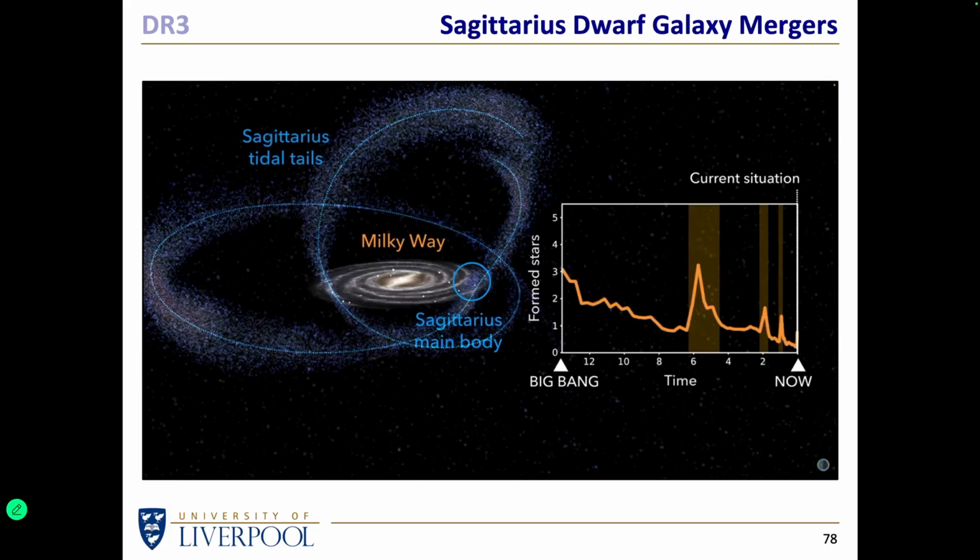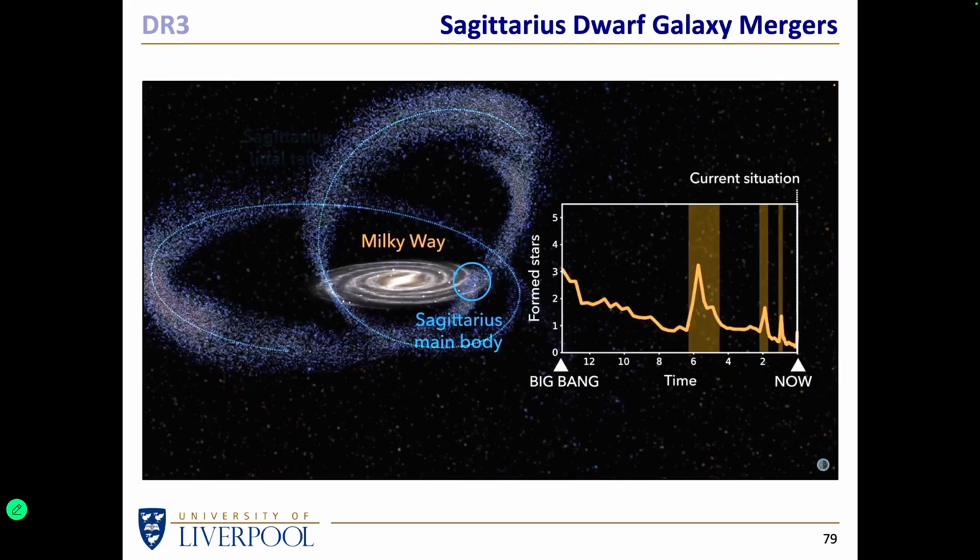This is interesting for a number of different reasons, not least the fact that one of the interactions of this galaxy with the Milky Way happened about 5 to 6 billion years ago, and we know that would have produced new stars. And our sun was born at about that time.